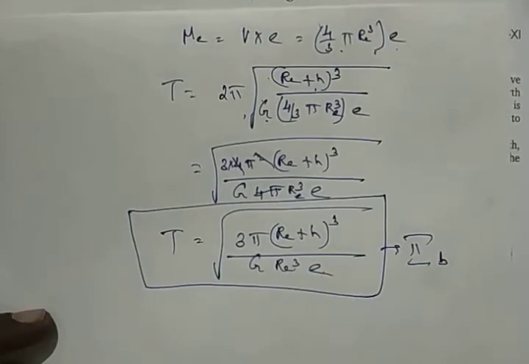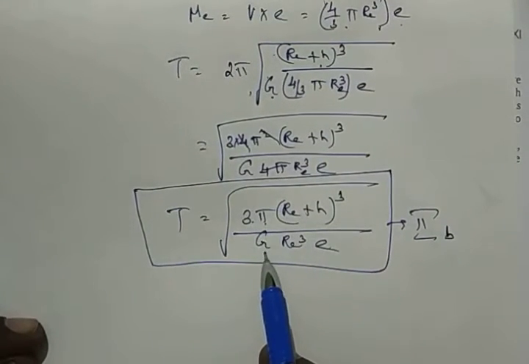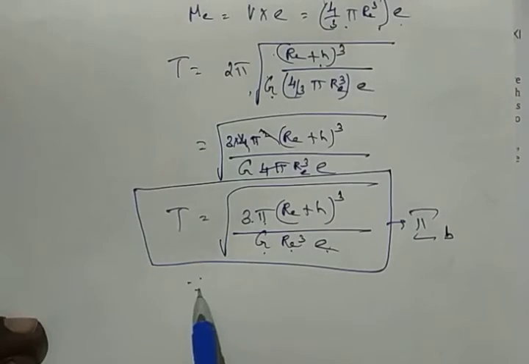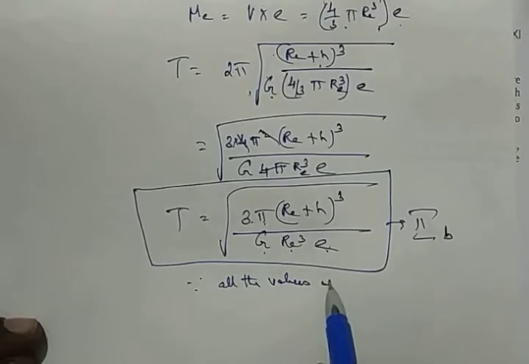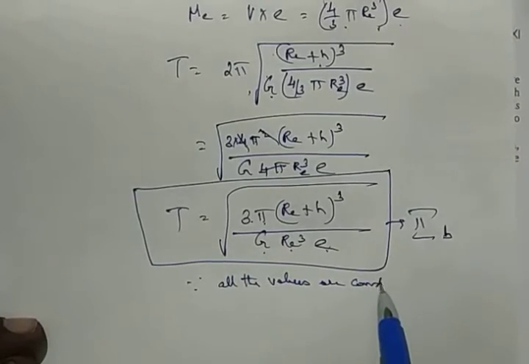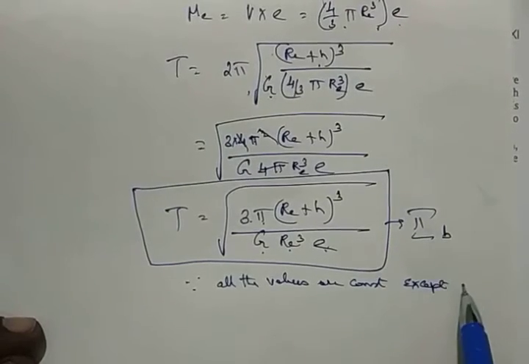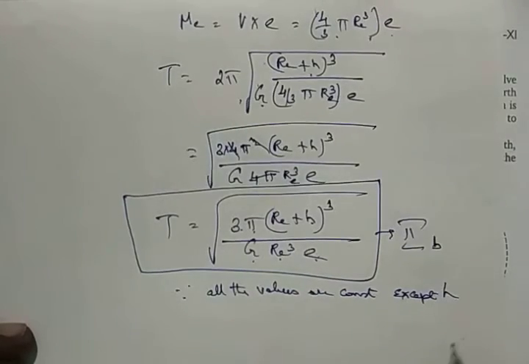Look at this very carefully. So all of them are constant. 3 is a constant, pi is a constant, G is a constant, the radius of the earth is constant, everything is constant. Since all the values are constant, what is except the value of height?